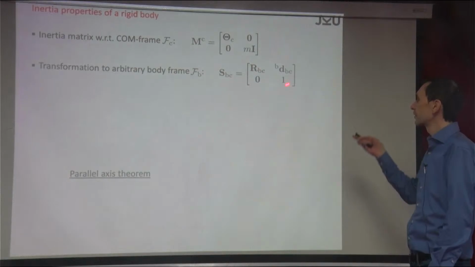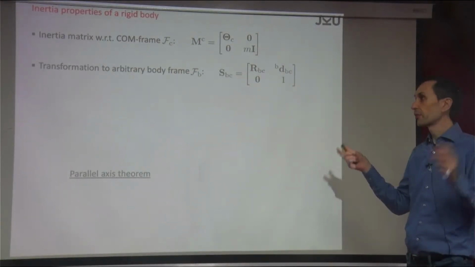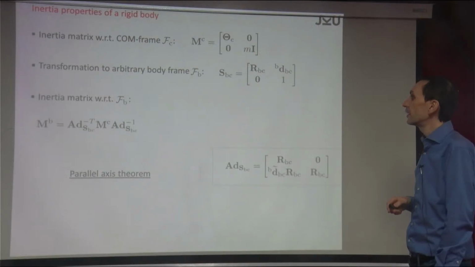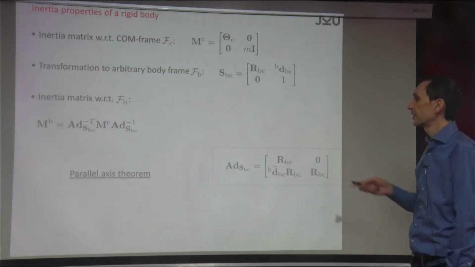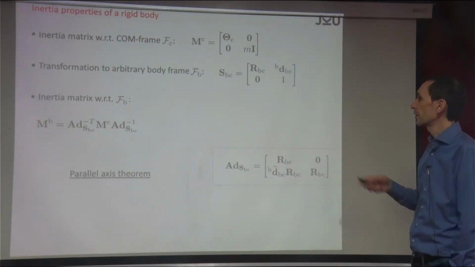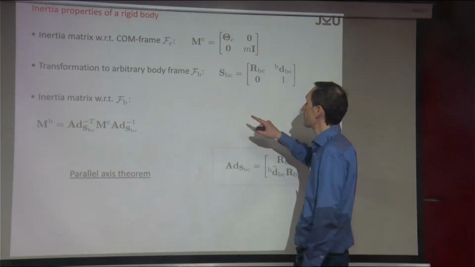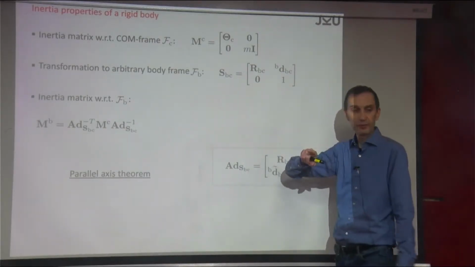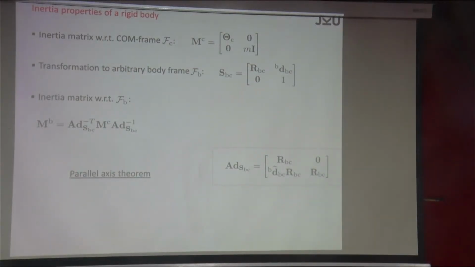And anyway, this is a homogeneous matrix. So there's a relative rotation and there's a displacement, and that's it, whatever it is. And then you can get the mass matrix expressed in the B frame by this formula. Maybe we could derive this formula.